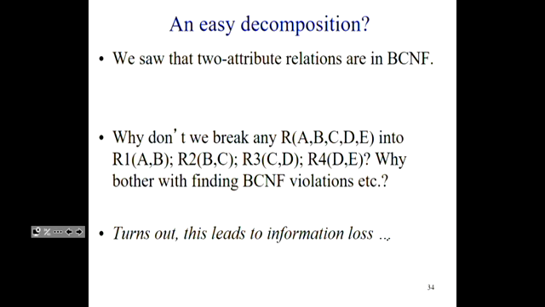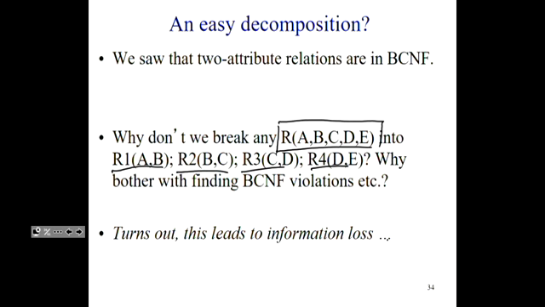What if we break up stuff without worrying about preserving attributes across the broken up relations? For example, let's say I have a relation R which has A, B, C, D, E, and I go ahead and break it down into R1 containing AB, R2 containing BC, R3 containing CD, and R4 containing DE. I know that two attribute relations are not in violation of BCNF.